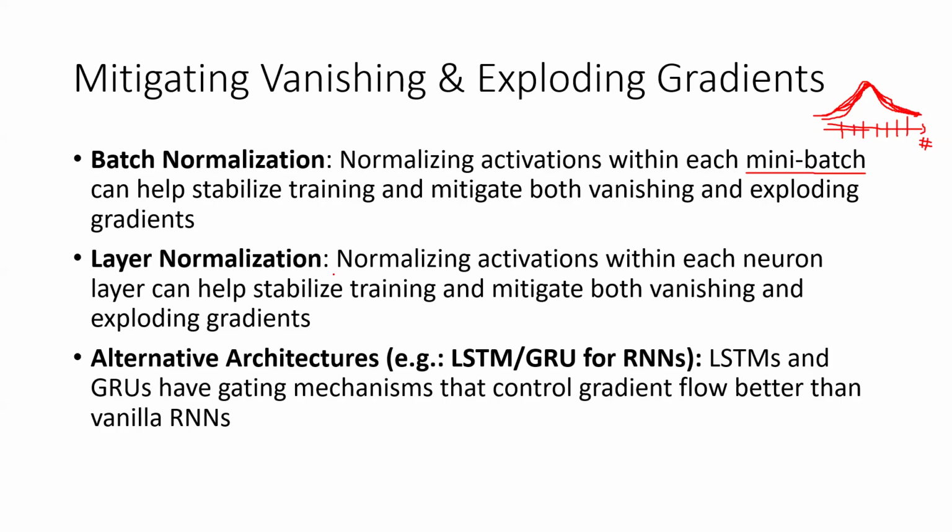In layer normalization, we are not focusing on the mini batch that we are going to train, but we are focusing on the neurons that we have in the current layer of the neural network. So if we have 4 neurons, we assume that each of the 4 neurons would have a normal-like distribution when it comes to the values in this particular layer.